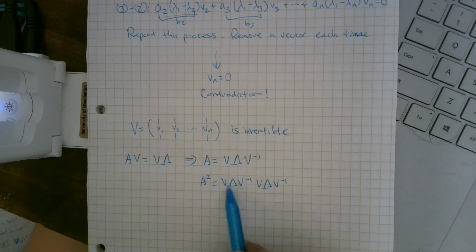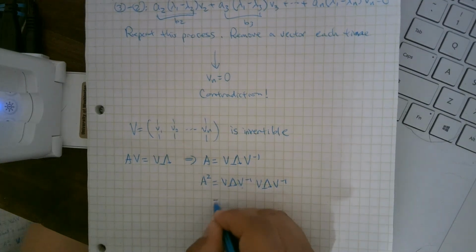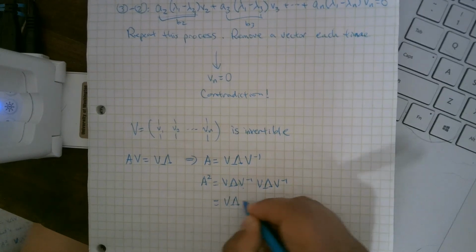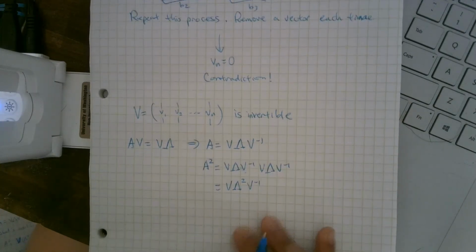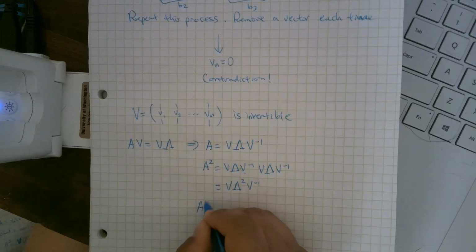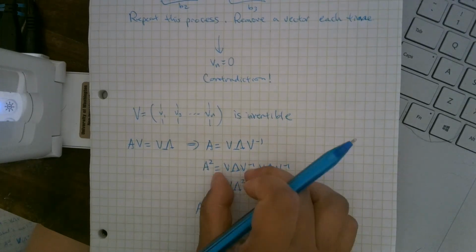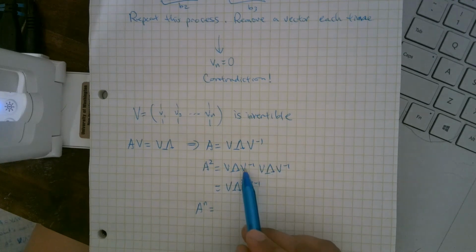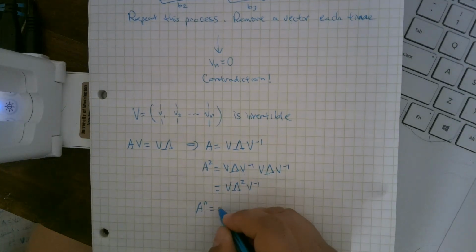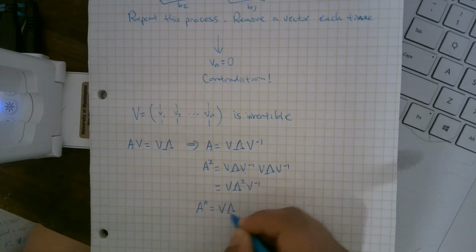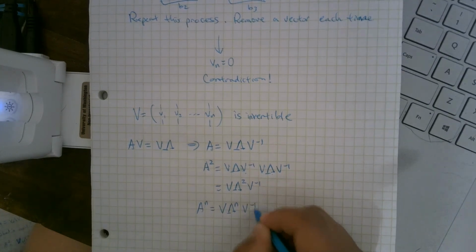So now I have two lambdas next to each other. So this is V times lambda squared times V inverse. And I can do this as many times as I want. A to the n, same thing, it's a bunch of these next to each other. The V inverse and V basically cancel. They multiply to the identity. It's going to be big V times lambda to the n times V inverse.